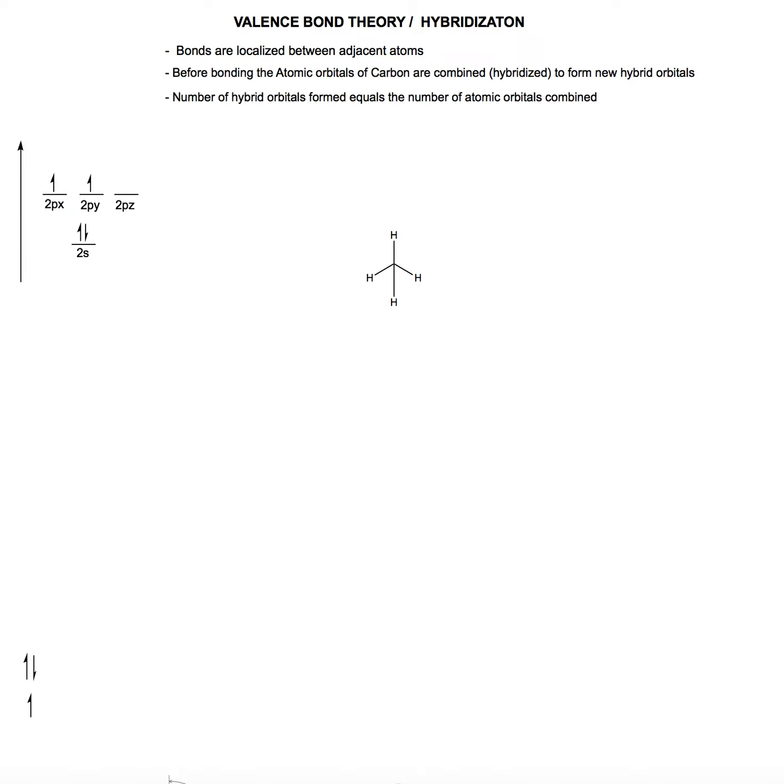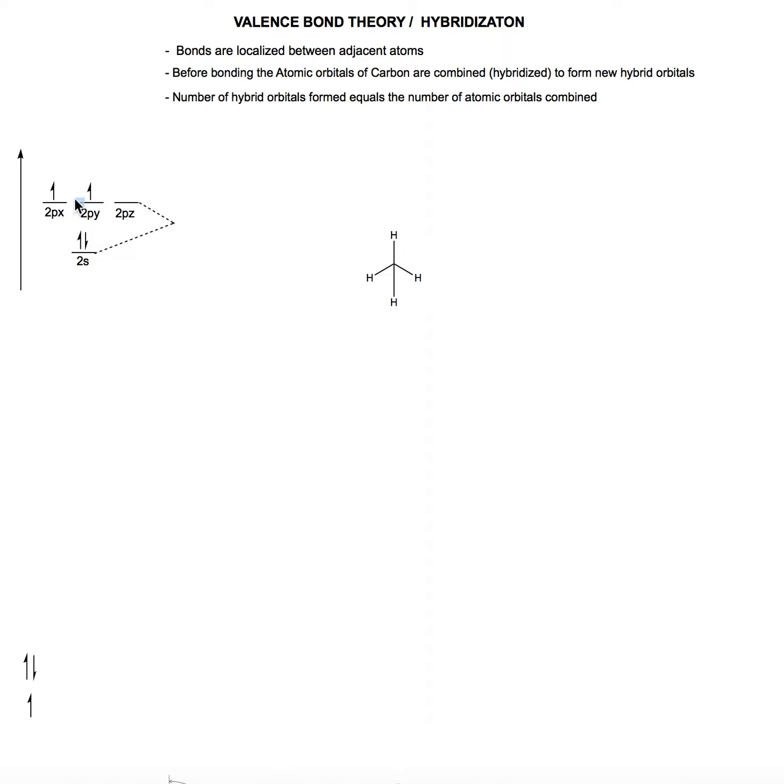Those valence electrons are the only ones participating in reactions. So one possibility for carbon is when it combines its 4 atomic orbitals, and in that case, as you should expect now, it will lead to 4 hybrid orbitals. Always we get the same number, right?